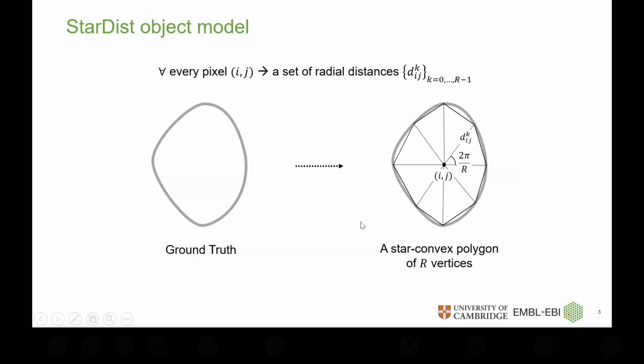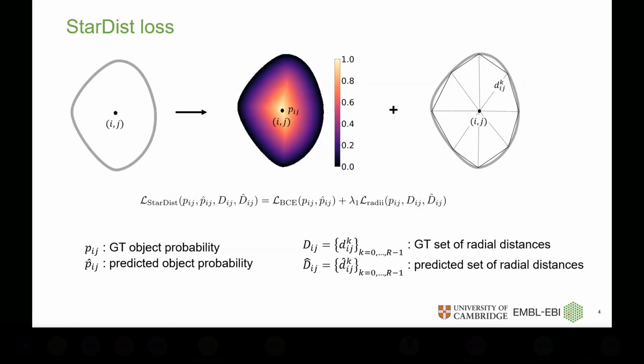What I mean by that is that for every pixel ij, for instance, over here inside the object, StarDist constructs the contour as a star-convex polygon of R vertices by tracing a set of radial distances to the contour of the same object at R fixed equidistant angles. Now, what is star convexity or a star-convex polygon? I'll come to it in a bit. Before that, let's have a look at the loss construction of StarDist.